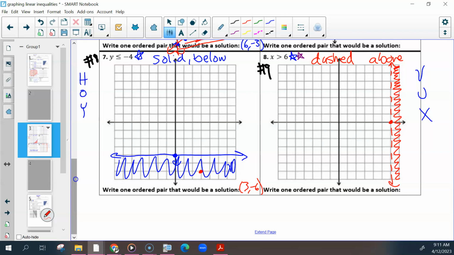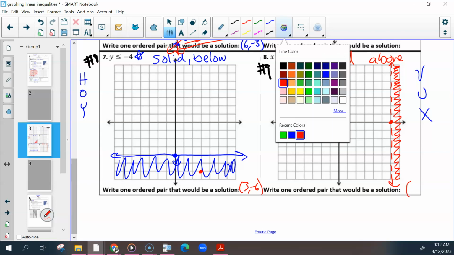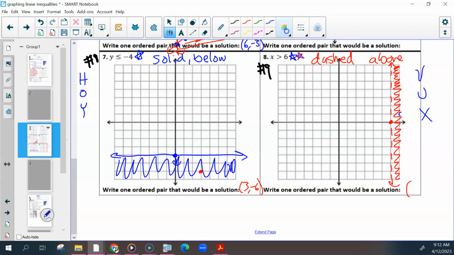Someone different, give me one ordered pair that would be a solution. Give me one that would be a solution. Basically 7 anything would be a solution.